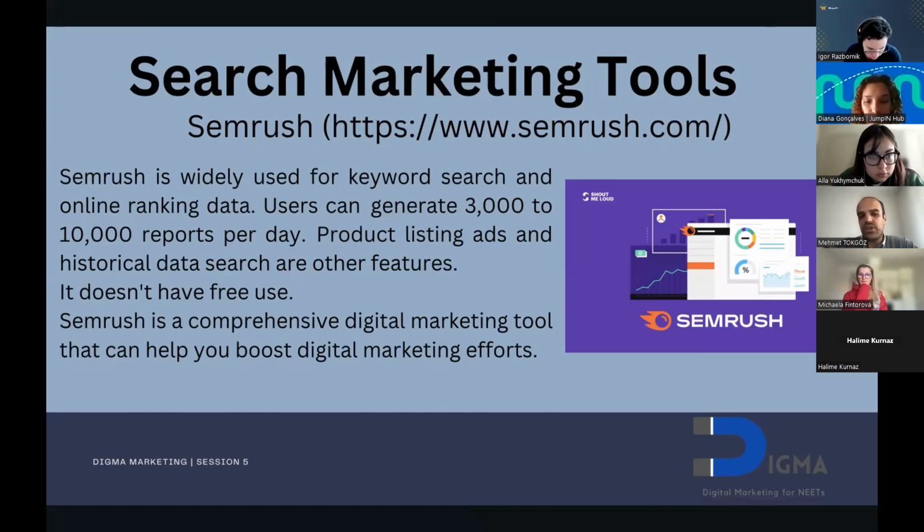It doesn't have free use. You can try it for a few days, but then you have to pay for this website. It's a very comprehensive one. So people who are very serious about digital marketing use such tools to analyze their website or their products.